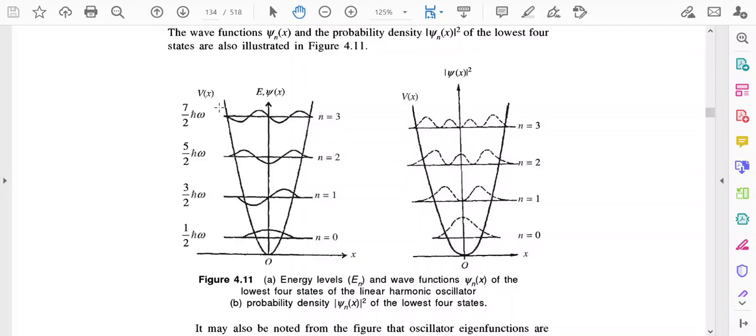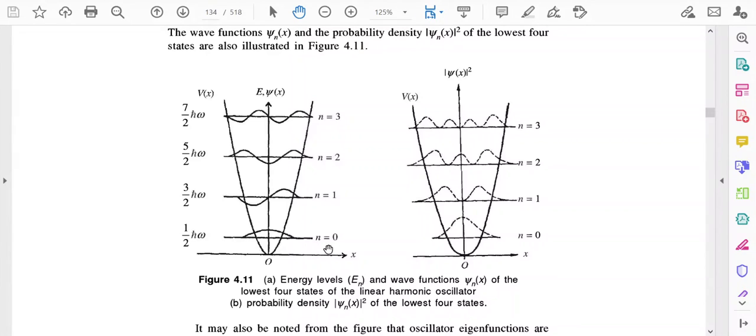So from this relation we can ascertain that V x will be parabolic in nature, and these horizontal lines represent the energy values for different states.